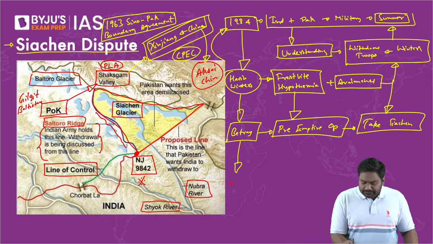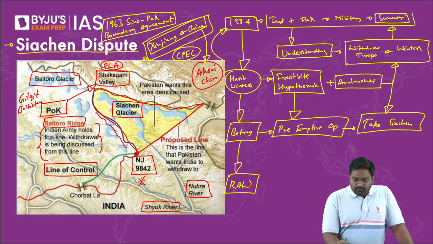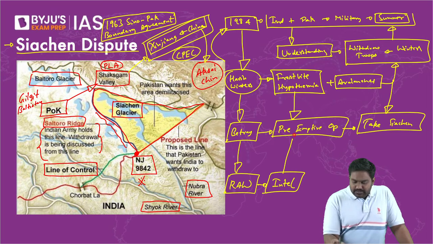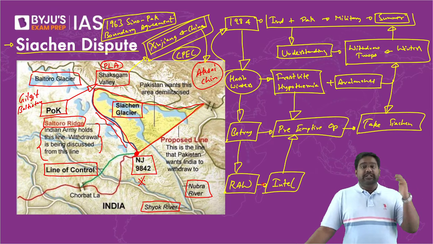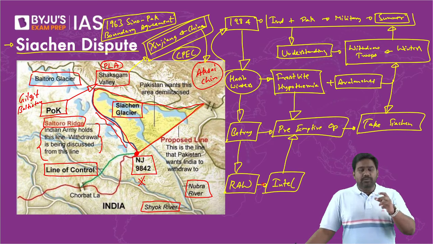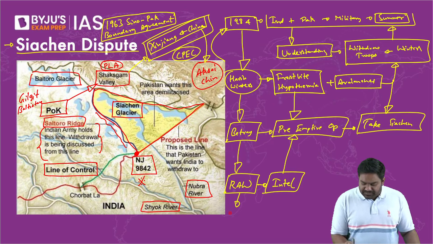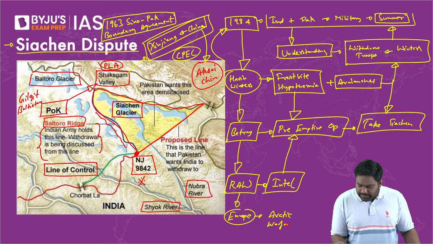But fortunately, India's Research and Analysis Wing, RAW, would pick up intelligence regarding these Pakistani preparations that were going on. The RAW station in London received a valuable intelligence input from a European defense manufacturer that Pakistan had placed a massive order for Arctic warfare equipment.